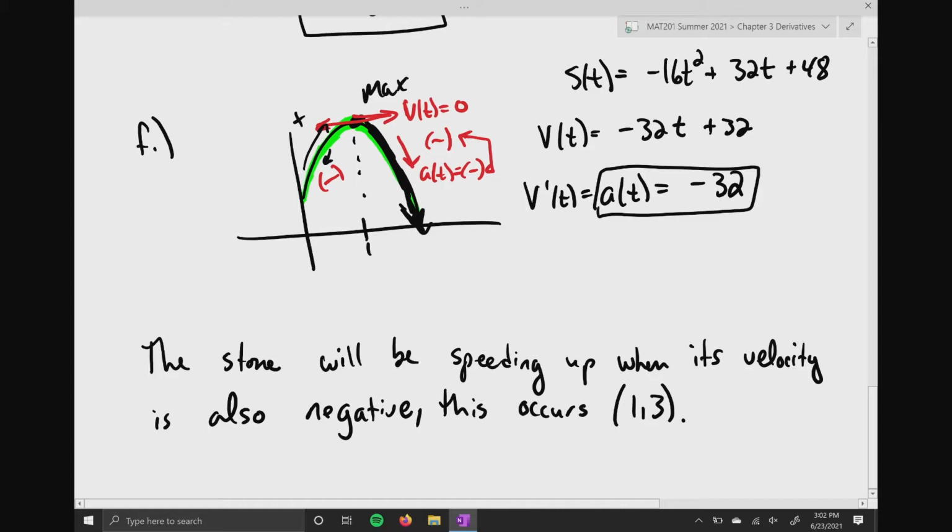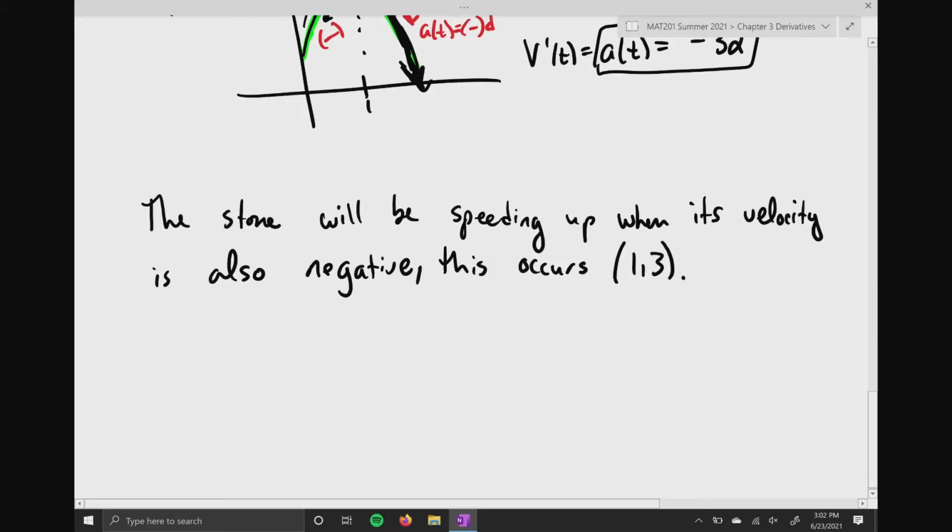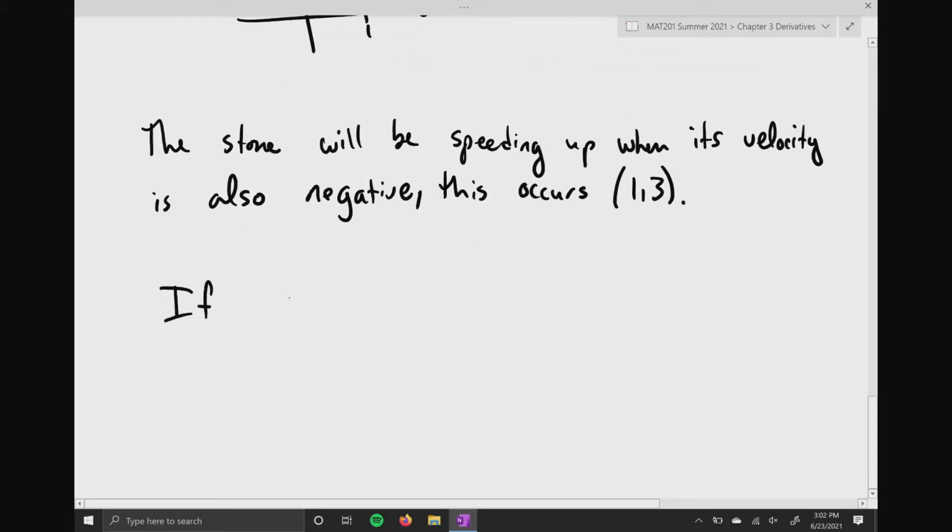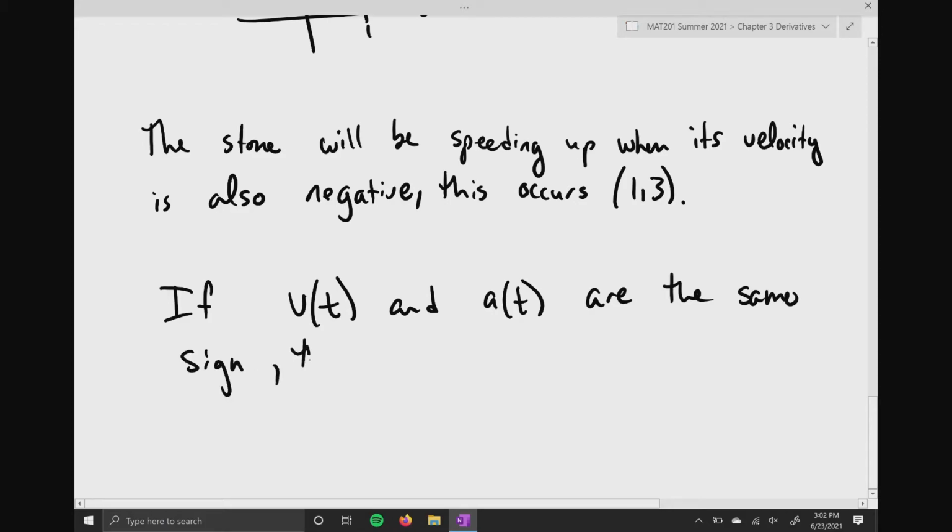Remember, maybe I should just write a note here. If v of t and the acceleration are the same sign, then the object is speeding up. Okay?